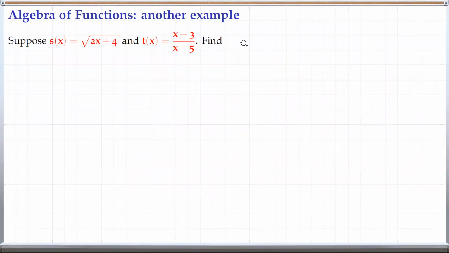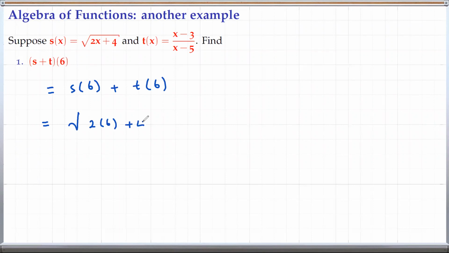Here we have more examples. So we are given function s of x to be square root of 2x plus 4 and t of x to be x minus 3 over x minus 5. The first one here wants us to find s plus t at 6. So this will simply be s at 6 plus t at 6. And we know s at 6 is square root of 2 times 6 plus 4.